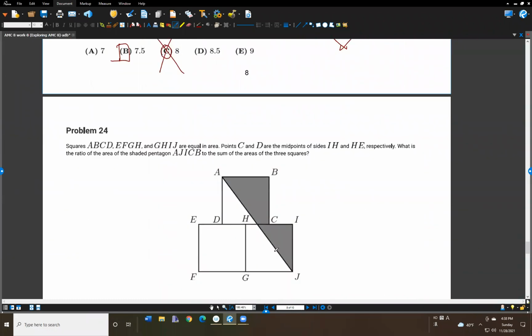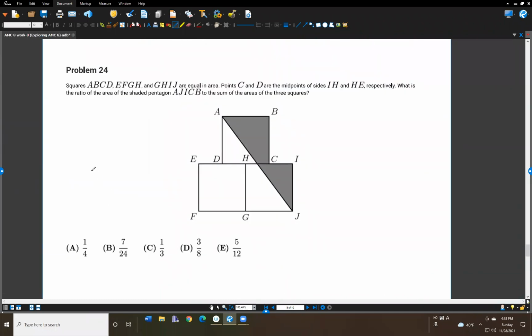Okay. All right, the next one, number 24. Yeah, we have 3 squares. Okay, you have a midpoint, CD and midpoint of it. This length is the midpoint. Also, this is a midpoint.